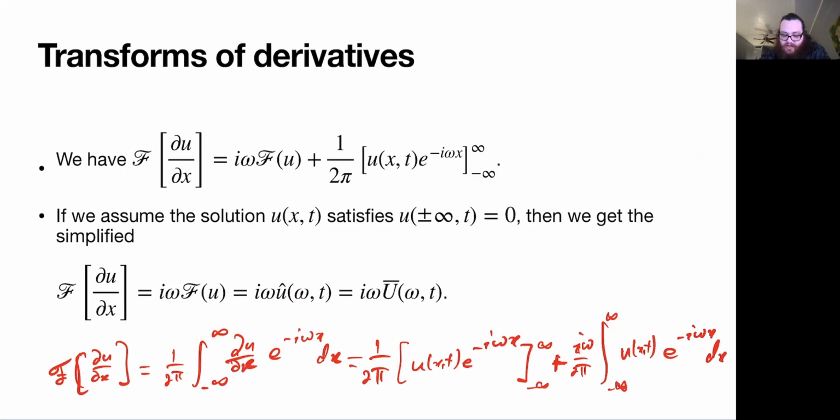Here, this is all extra notation for the Fourier transform, highlighting the fact that we have an operator acting on u. Hat is another popular one. The book likes to use capital U with an overline bar. I'm not a big fan of this, but anyways, the point is the Fourier transform of a derivative becomes i omega times the Fourier transform.